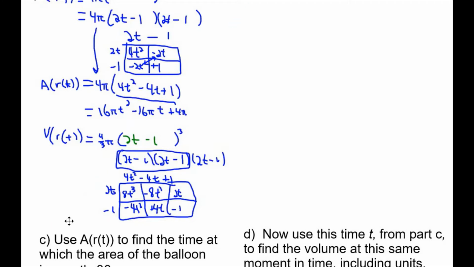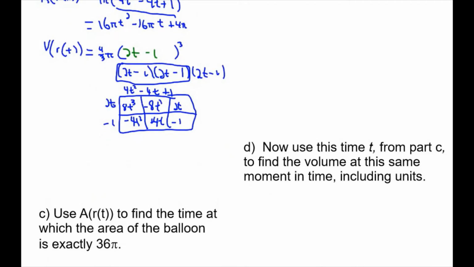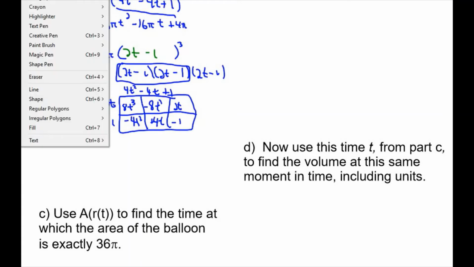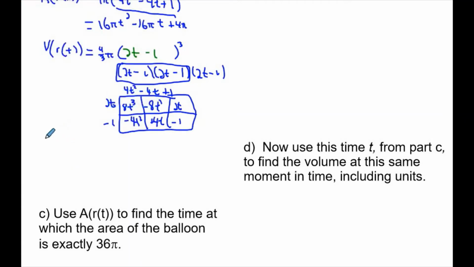So let me give myself a little bit more space here. All right, so V of R of t will be, drop down the 4/3 pi, we never use that, so 4/3 pi, and then times everything in that area model with combined like terms.